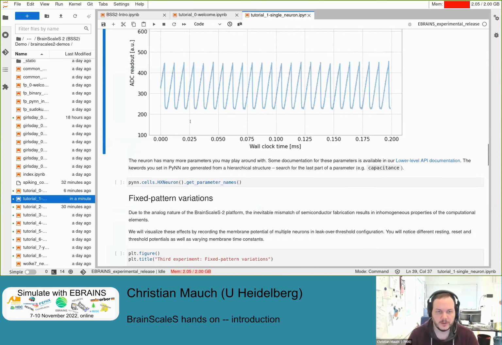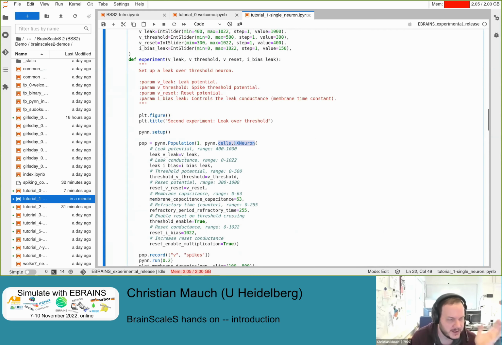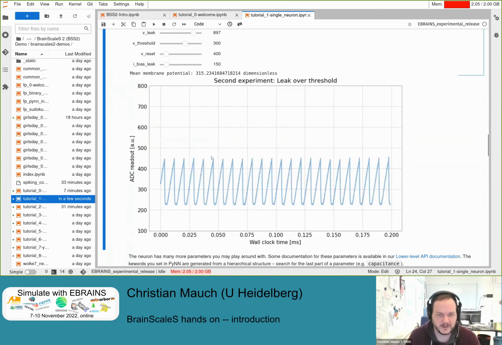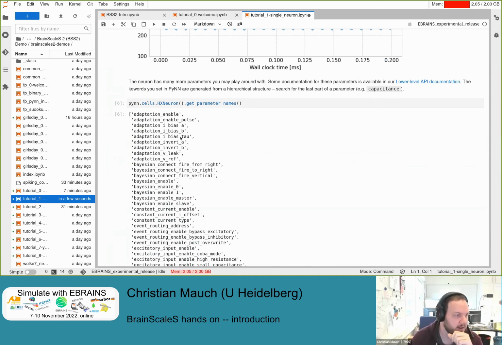You refer to a later point of the tutorial. Sorry, I'm a bit confused. So the problem is, our neuron model is really just a one-to-one representation, and some of these parameters roughly translate to the actual LIF equation, but many of these parameters, which you will see here, are really just parameters to get a neuron in a working state.